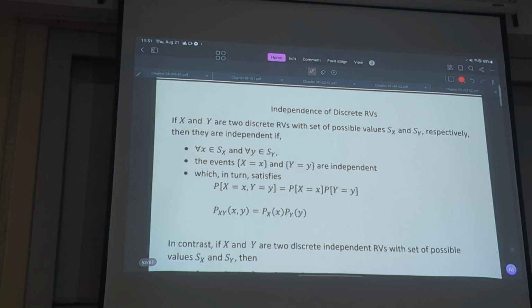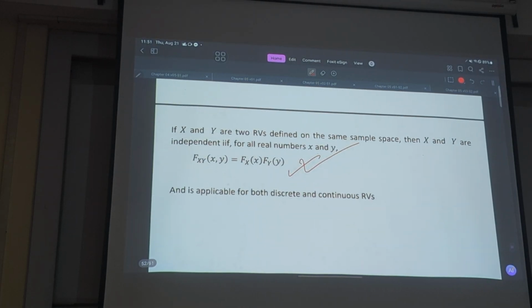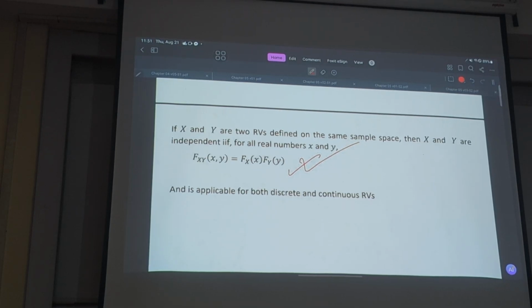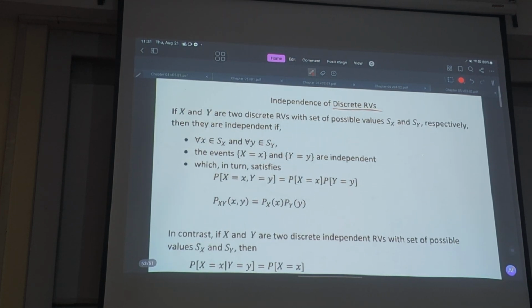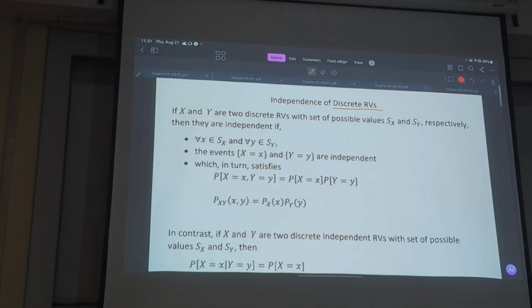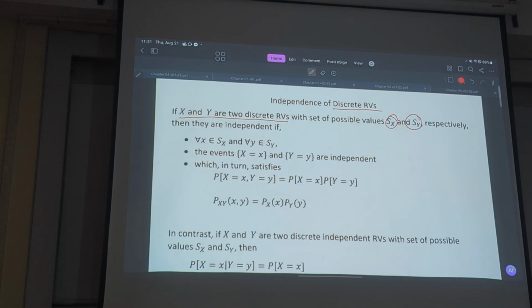Now, irrespective of the type of random variable, whether discrete or continuous, this CDF relation is true. But when we move on to discrete random variables, X and Y are two discrete random variables with sets of possible values S of X and S of Y. Then they are independent if and only if for all x in S of X and for all y in S of Y, the events X equals x and Y equals y are independent.